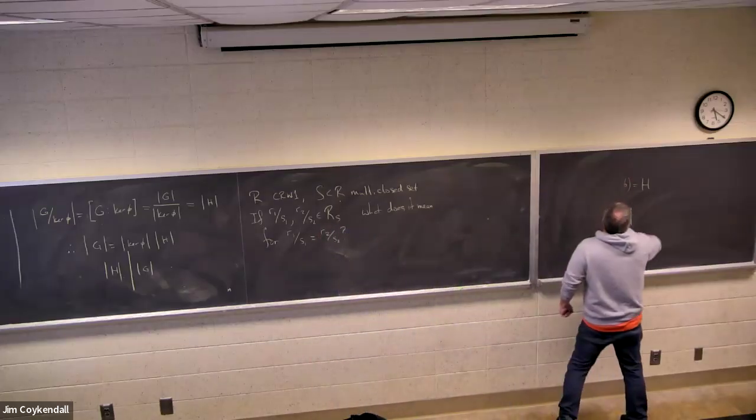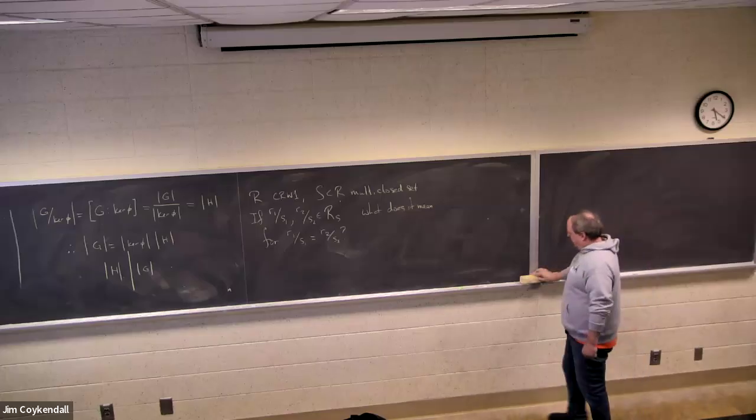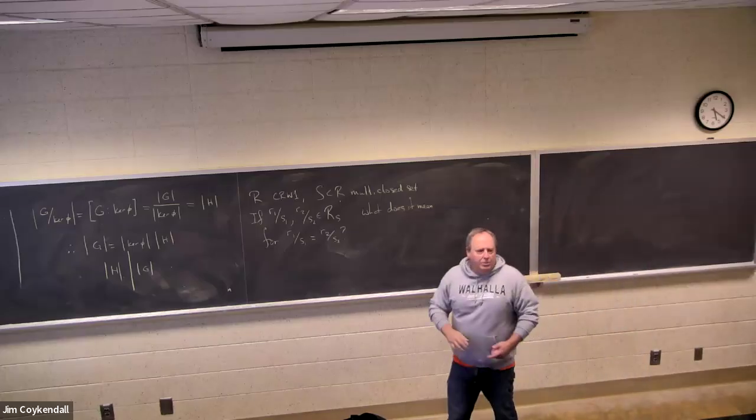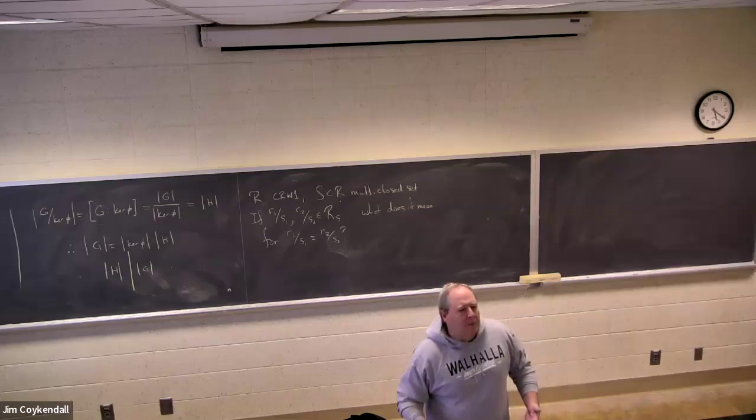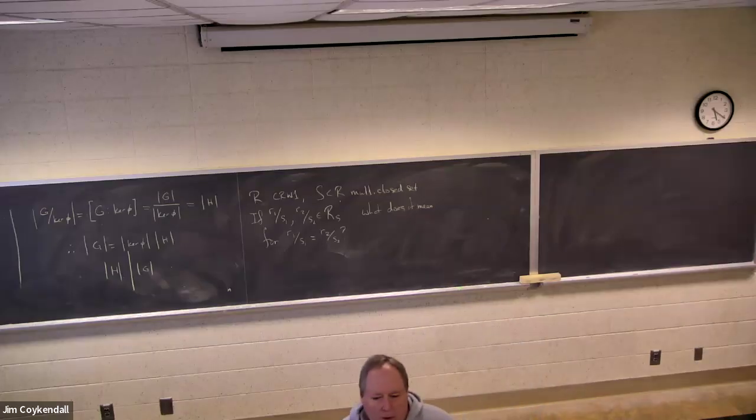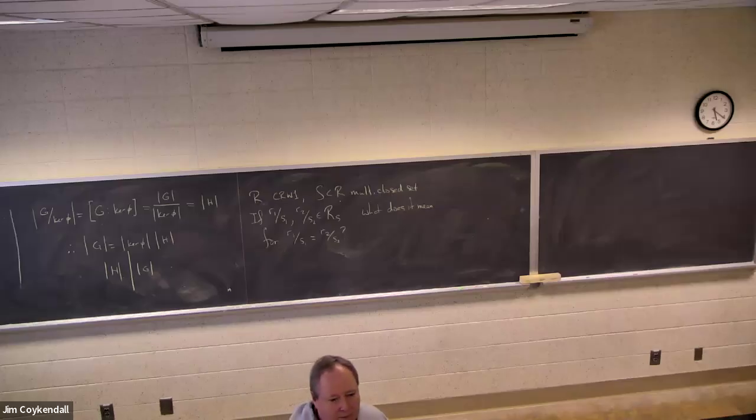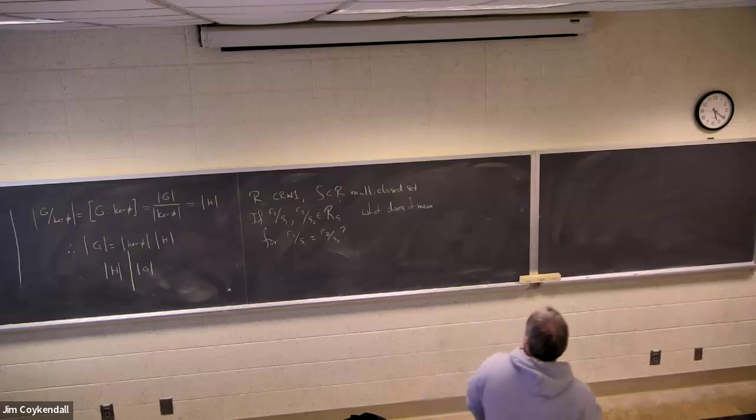Let me try to stimulate your memory a little bit. What does it mean for two, just think of two rational numbers? Pretend that R1 and S1, R2 and S2 are both integers. What does it mean for two fractions to be equal? What's the easiest way to tell? Well, you do the cross multiples, and if you get the same thing, like 1/3 is the same thing as 3/9, because 1 times 9 is 3 times 3.